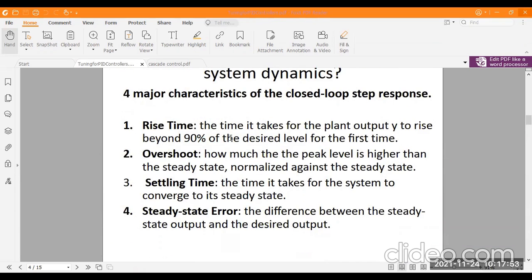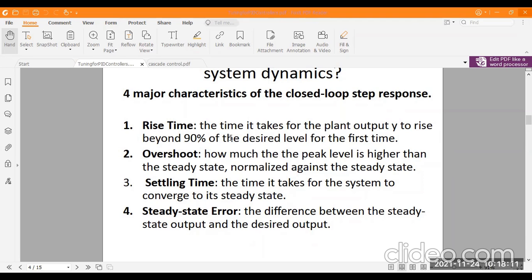Yes. When you start any plant or system with the proportional controller, a little bit of time is required to go from the first level to the next level.